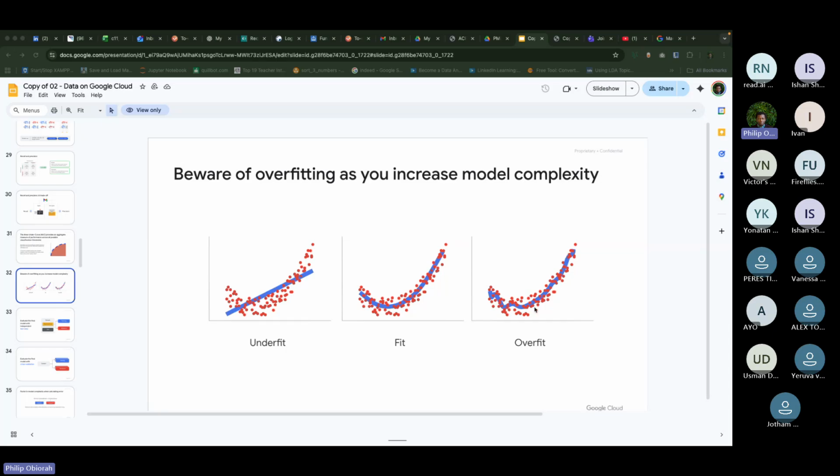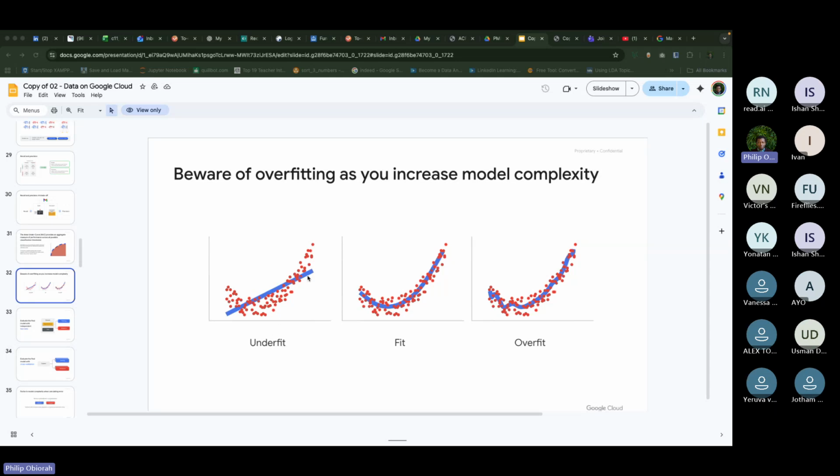But if the model doesn't perform well on training data and test data, then there's underfitting. It's too simple. So you're making efforts to optimize to get the best fit.